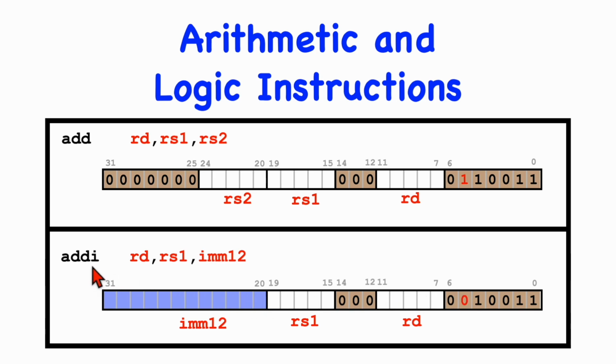And in the case of the add immediate instruction, we've got a field shown in blue that is 12 bits for the immediate value, and this would be sign extended to give us something in the 4K range. The other register-to-register instructions and register-to-immediate instructions are encoded similarly, but the opcodes are different.